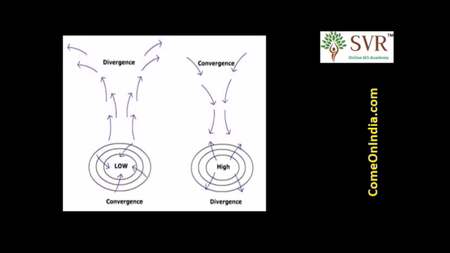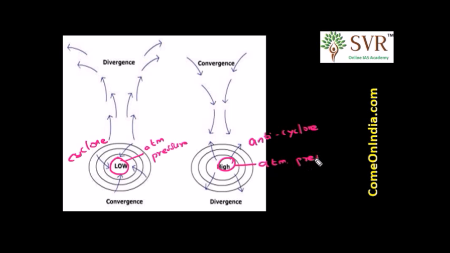In the cyclone, center has low atmospheric pressure, whereas in the anticyclone, center has high atmospheric pressure.